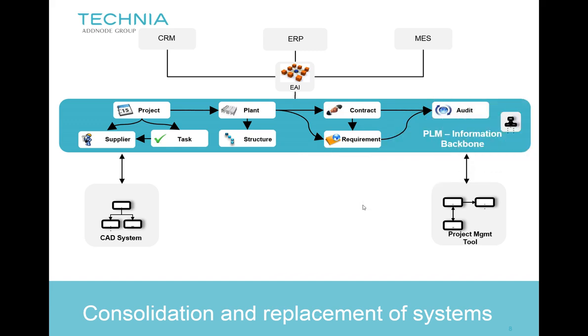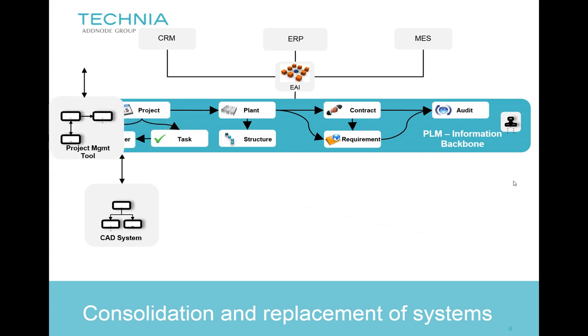So instead of managing information external to the system, you might want to add your own module using the configuration and customization techniques available in your information backbone. So making these kind of special tools integrated pieces of your PLM system, saving potentially quite a lot by reducing the number of systems and the complexity of your system landscape.